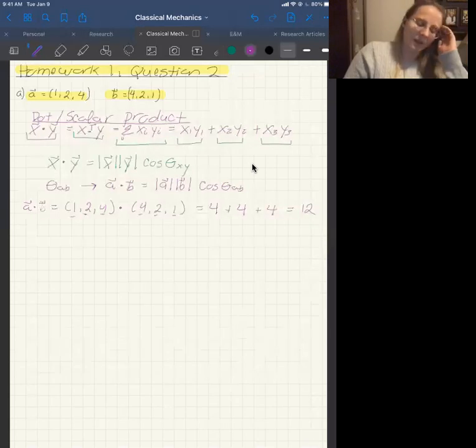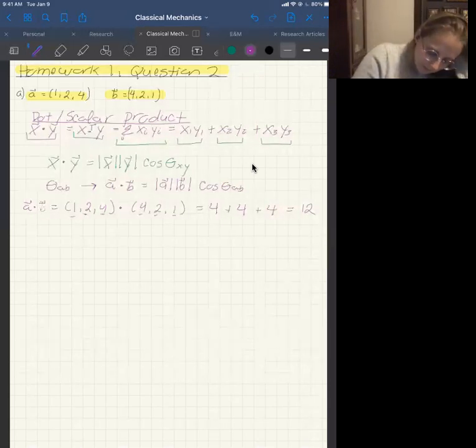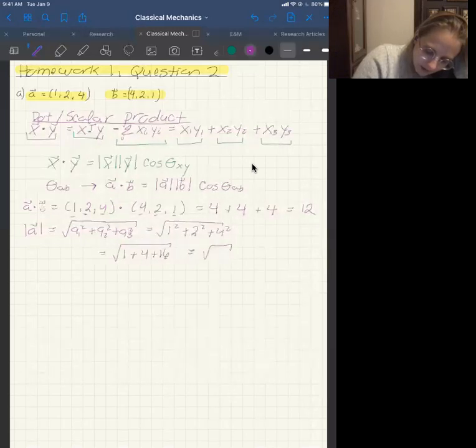The next piece of the equation we should solve for is the magnitude of A. The magnitude of vector A is simply the square root of A1 squared plus A2 squared plus A3 squared, which is the square root of 1 squared plus 2 squared plus 4 squared, which is the square root of 1 plus 4 plus 16, or the square root of 21.